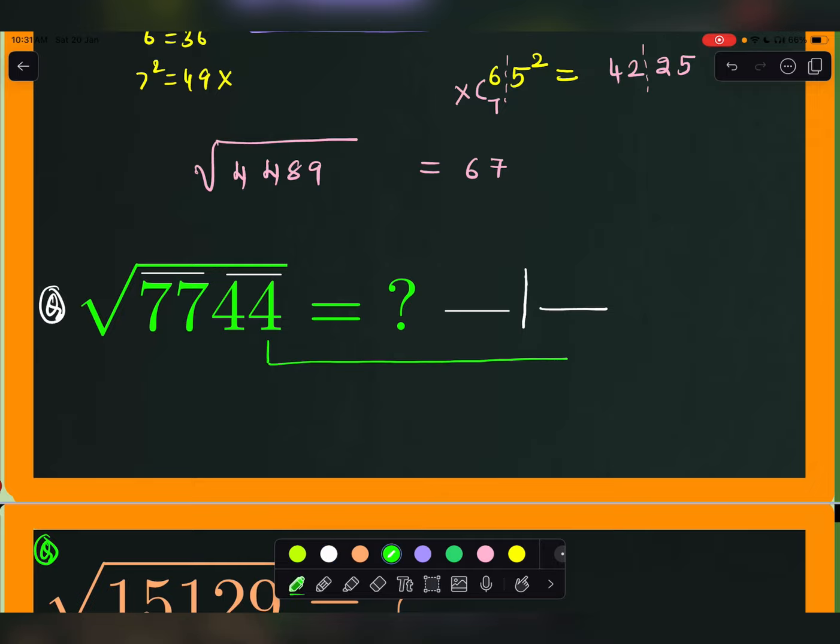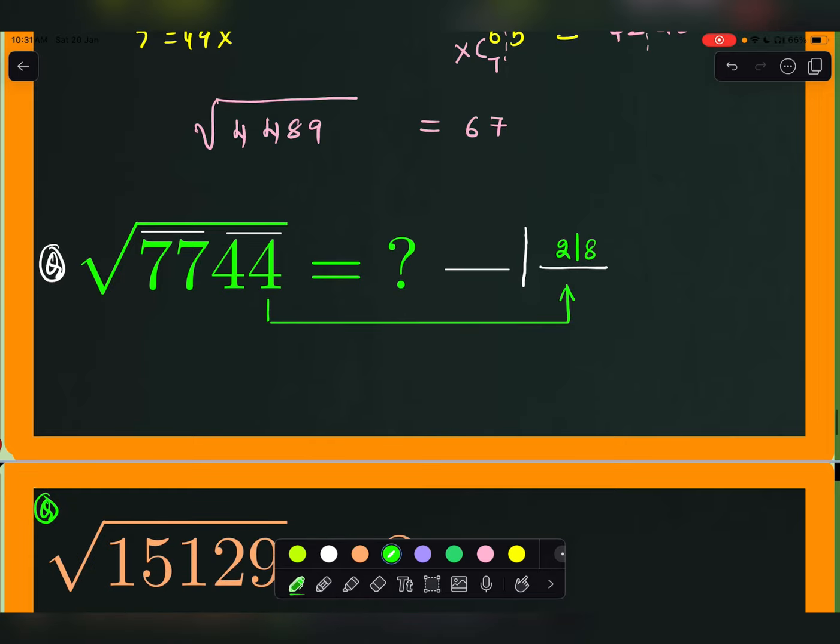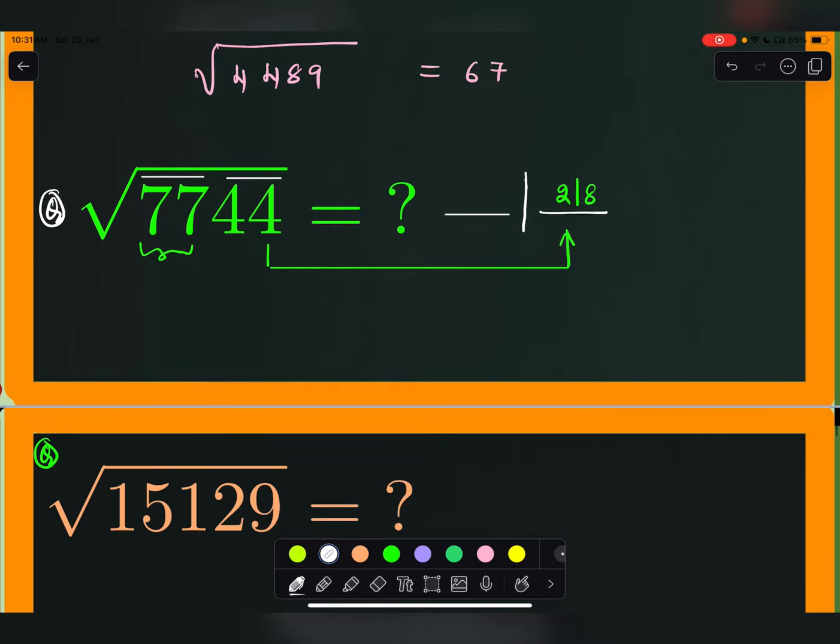To find the unit place of the number, any number that ends with 4, its square root always ends with either 2 or 8. This we know, right? So the rightmost part is already calculated, and we'll see the leftmost part of the number. So tell me the square of a number which is closer to 77 or less than or equal to 77. I can take 8 square value. 8 square is 64.